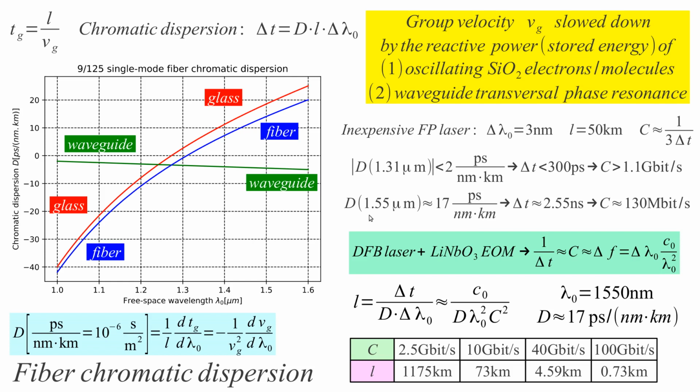Using a similar laser with a similar bandwidth of 3 nanometers at 1.55 micrometers, where the losses are the lowest, the blue line here is quite high, around 17 picoseconds per nanometer times kilometer. And this link here will be actually limited to 130 megabits per second, just because of the chromatic dispersion and of the bandwidth of our transmitter.